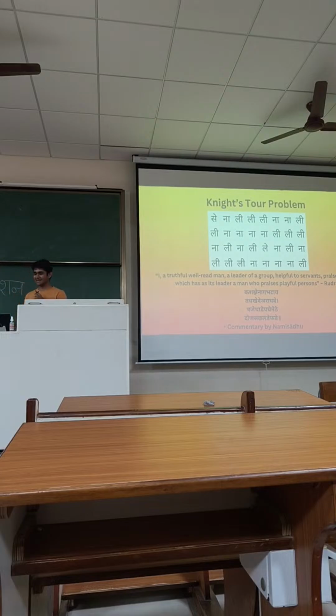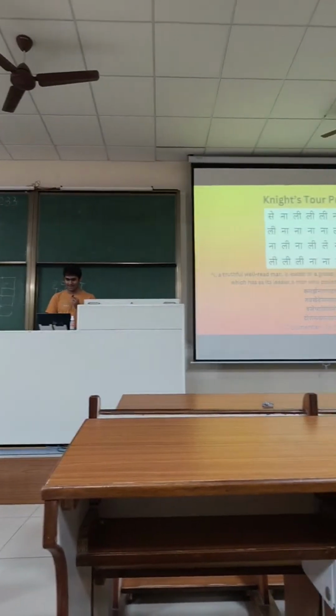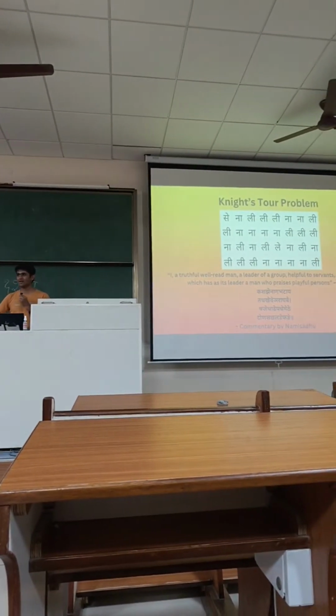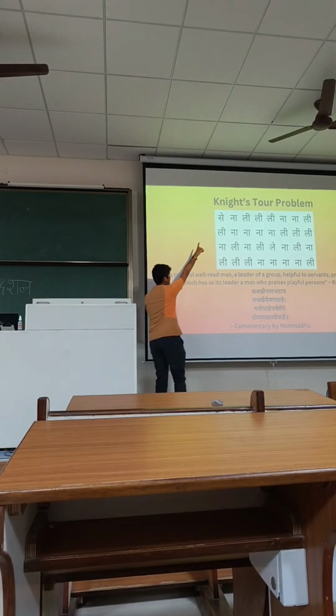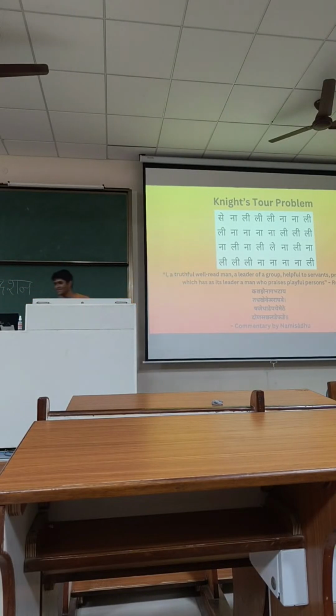The interesting part is, you know this verse, say na li li li na na li. Now let's go according to what position he has shown. From this first position, you need to go over here, first position to third position, because Ka and Kha is over here. So say na, and then from Kha to Ga, na to over here.